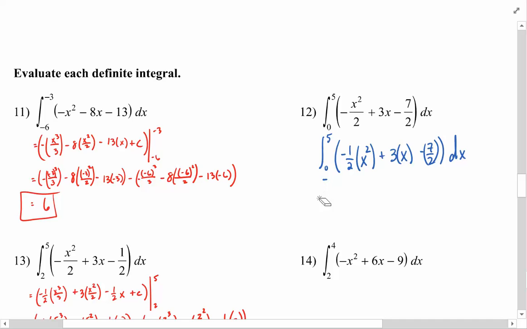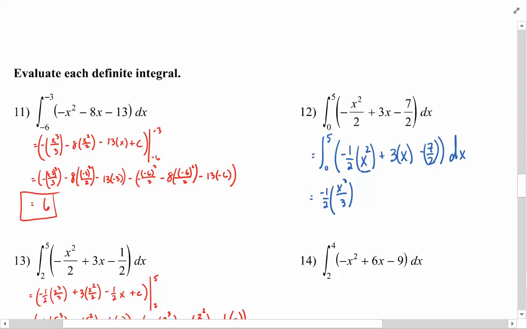I guess I don't really need that anymore now that I'm going after the antiderivative. Once I identify the antiderivative, we'll evaluate it at the upper and lower boundaries. So the antiderivative in this case will be equal to this negative 1/2, which acts as a coefficient for the time being, so I'll leave that one alone. And we have x to the third power divided by 3.